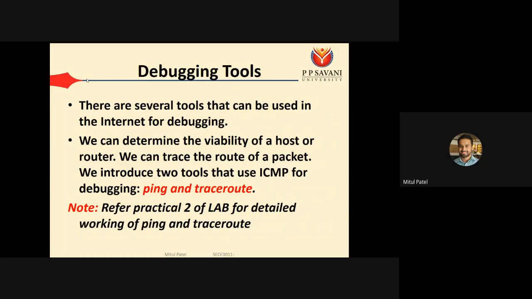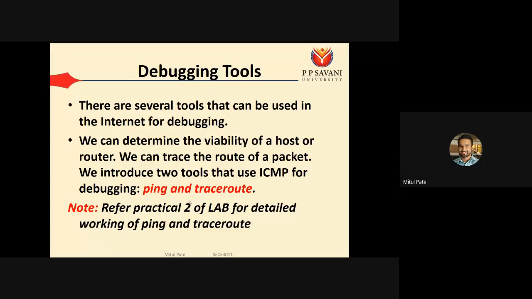There are several tools that can be used in the internet for debugging. For example, we can determine the viability of a host or a router, and we can trace the route of a packet. We have introduced the two tools that use ICMP for debugging: the first one is ping and the second one is traceroute. We referred to both commands in practical number 2, when we looked at all the commands.